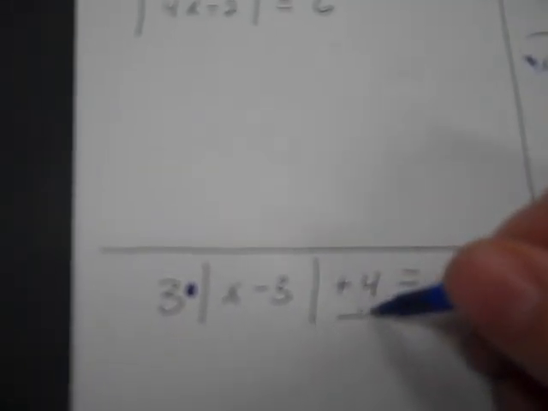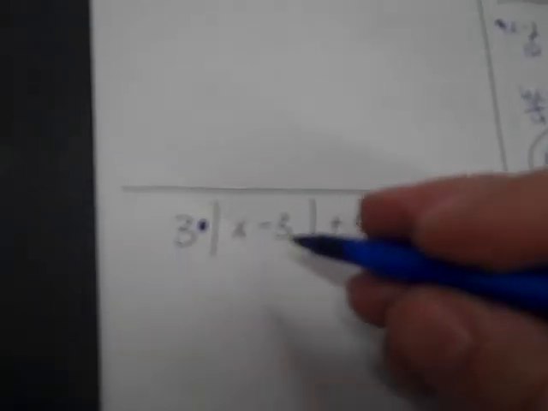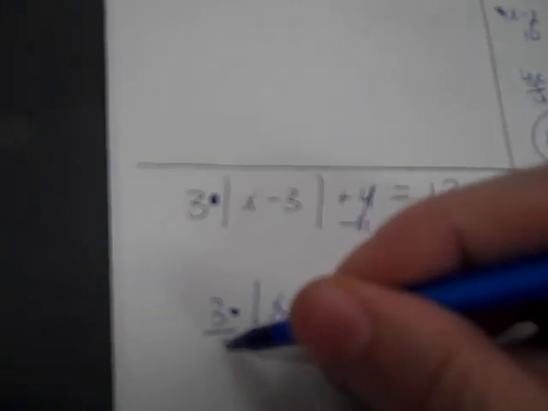Now here inside of our absolute value, the expression is x minus 3. But we got some operations to undo. We have a plus 4 to undo first, then a times 3 to undo. So we subtract 4. That gives me 9: 3 times the absolute value of x minus 3 equals 9. And then I divide by 3. Remember, divide by 3, don't minus 3.